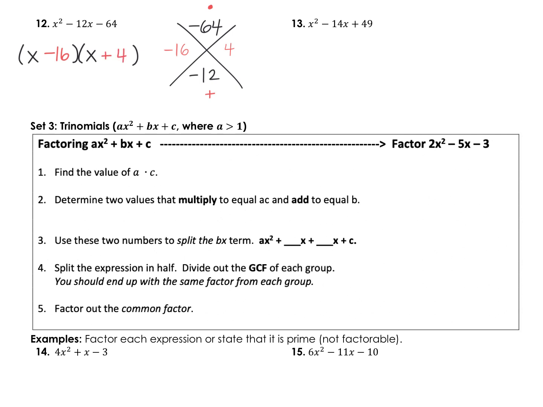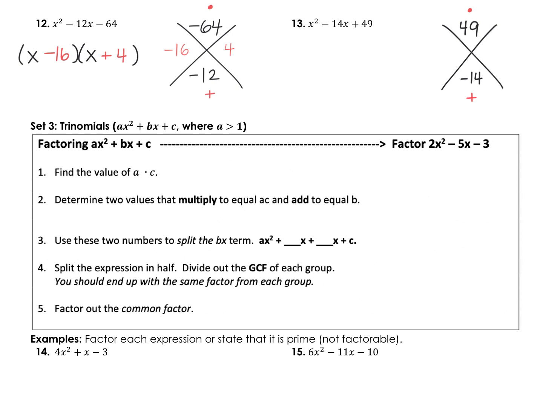Okay, and then lastly, I will let you try number 13 with your table. This one is less confusing, I think. Okay, two numbers that multiply to 49 and add to -14.